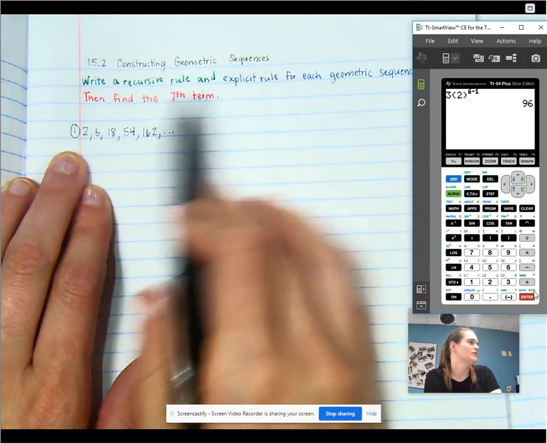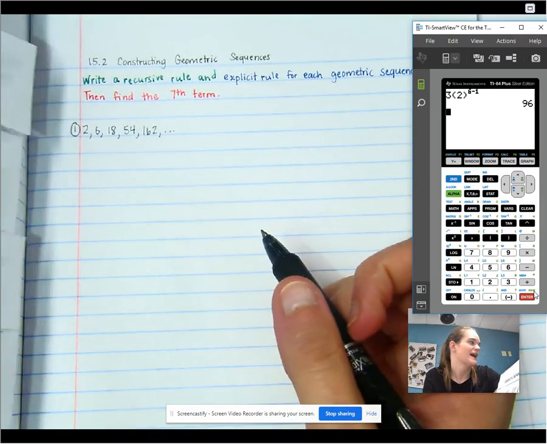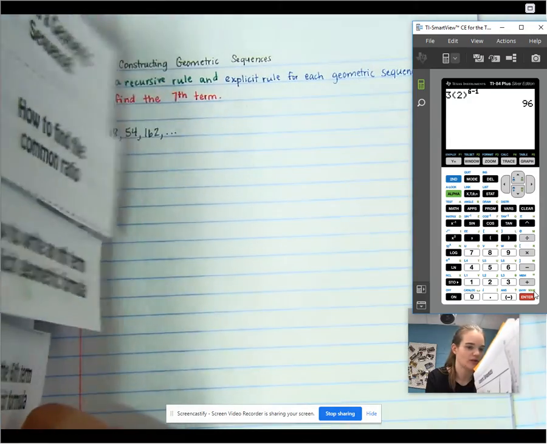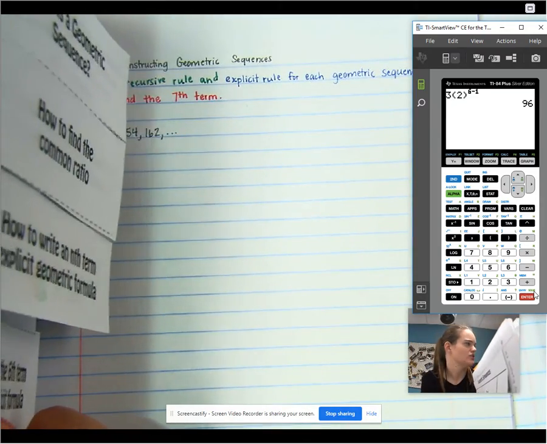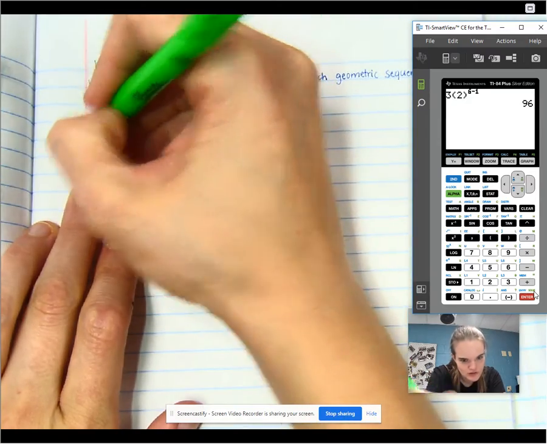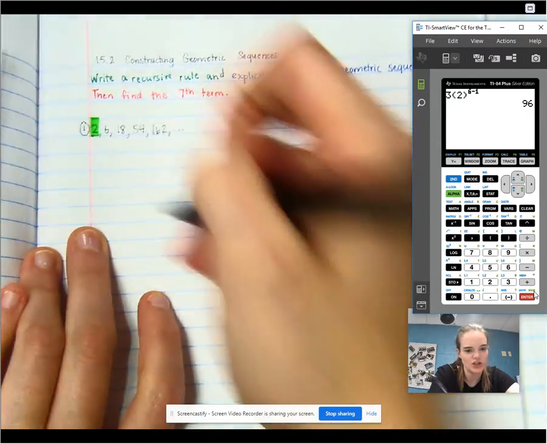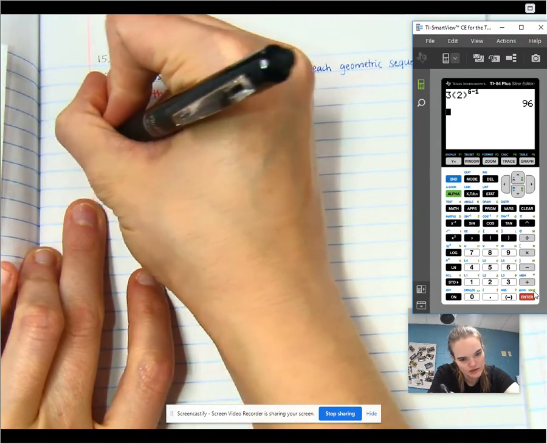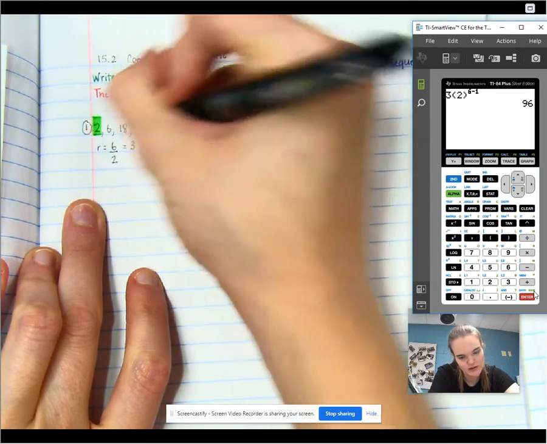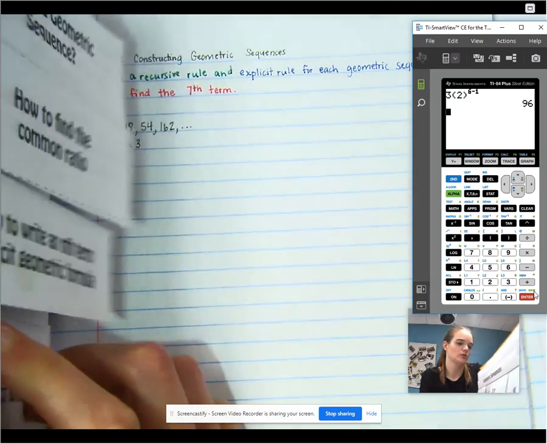Now, before we do either of these, no matter what, we have to find the first term, we'll highlight that in green, and the ratio. So the first term is 2. The ratio is the second term, 6, divided by the first, 2, which is 3. So we will use that.